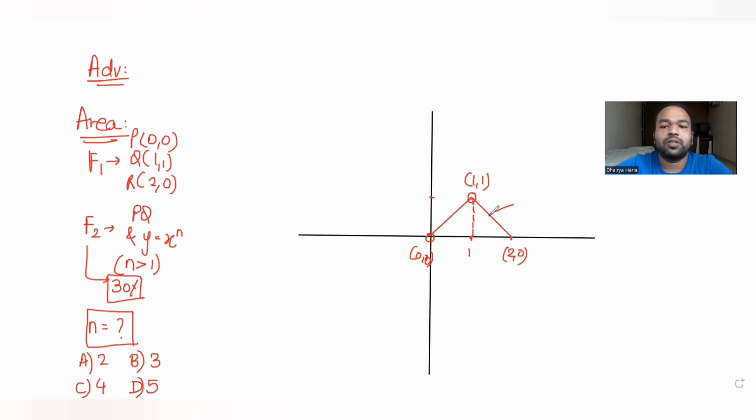This is the land of farmer F1 that is given to us, where this is P, this is Q, and this is R. This is the triangular region of farmer F1.